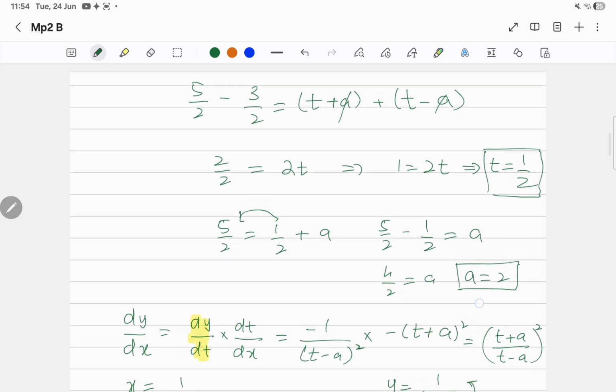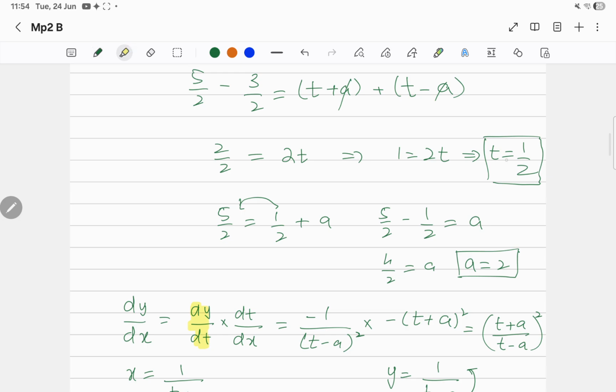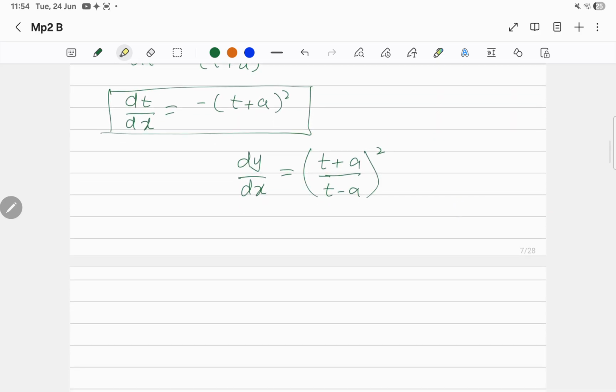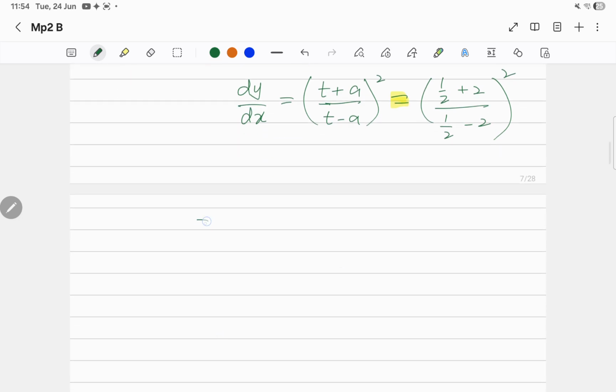And since we already worked out the value of a and the value of t, t is half and a is 2, so we can put the values of t and a in: half plus 2 over half minus 2, whole power 2. So half plus 2 will be 5 over 2, and half minus 2 will be minus 3 over 2.